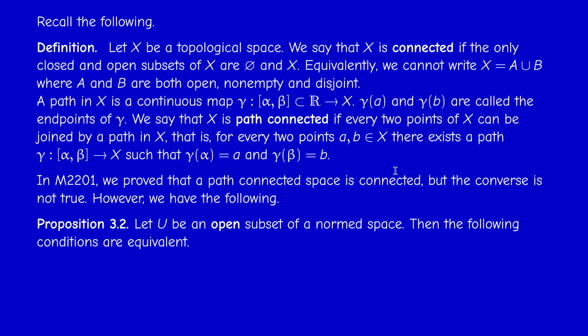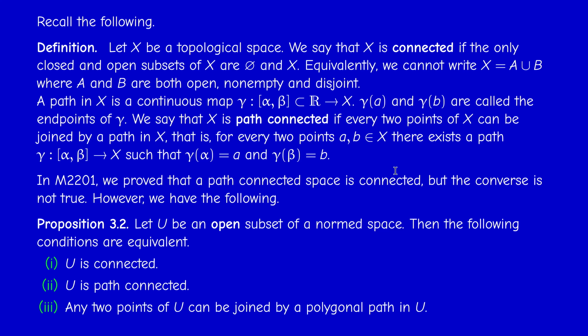When we have an open subset U of a normed space, then we have an equivalence between U connected, U path connected, and even more, any 2 points of U can be joined by a polygonal path. Now, what is a polygonal path, or a broken line, if you like? It's a concatenation of straight line segments. So a polygonal path is a particular kind of path. It's piecewise linear, if you like.